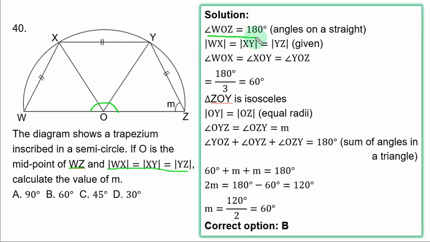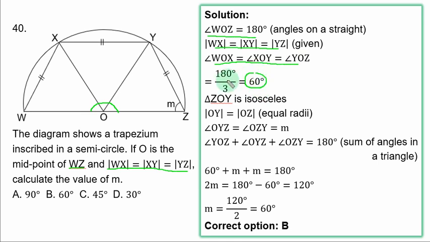That is angles on a straight line. And this expression is given to us. That means the three angles are equal. Since you have three angles in that place, you divide 180 by 3. That means each angle is 60 degrees.